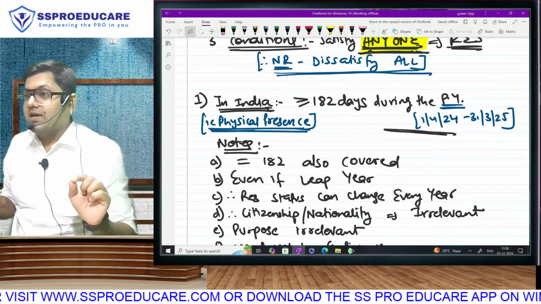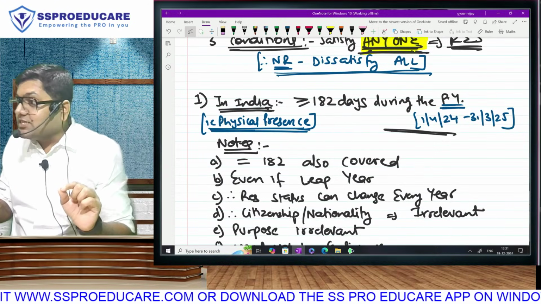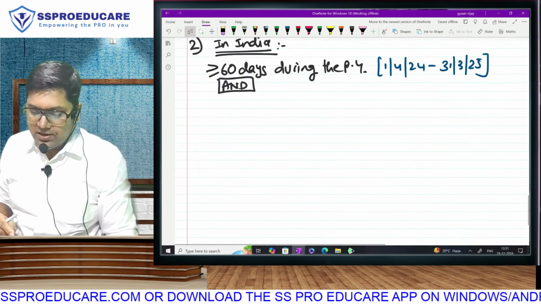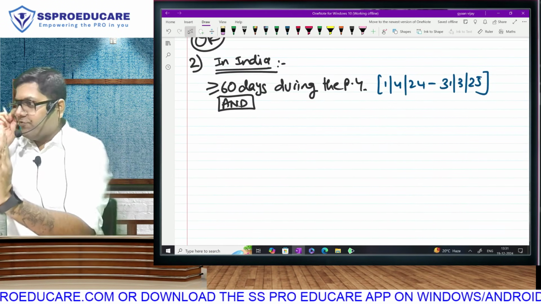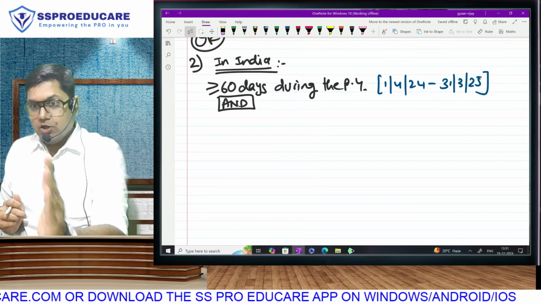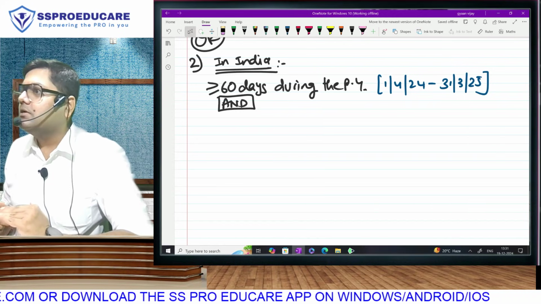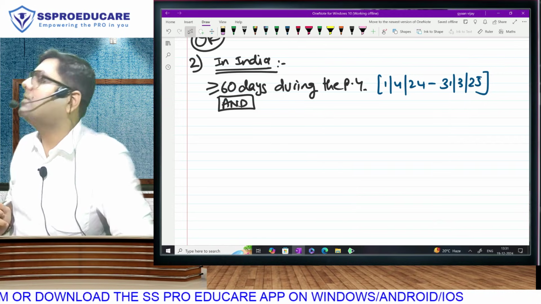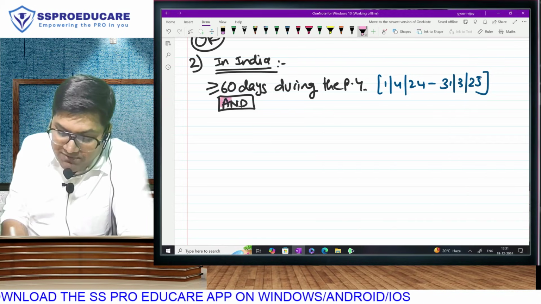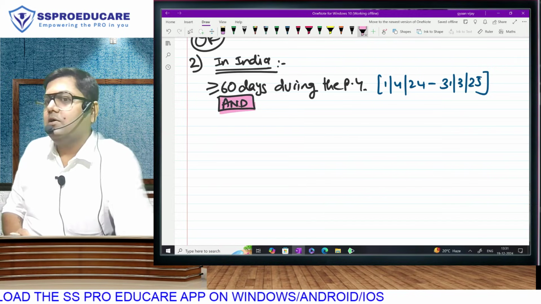In one line, you are resident. But in 60, in one line, you will not become resident. In 60, you will have to fulfill one more condition. If I fulfill 182, I don't have to do anything else. But if I fulfill 60, I will have to fulfill one more condition. Otherwise, condition 2 will be considered as dissatisfied. Condition 2 will be considered as fulfilled only when both parts of condition 2 are fulfilled.